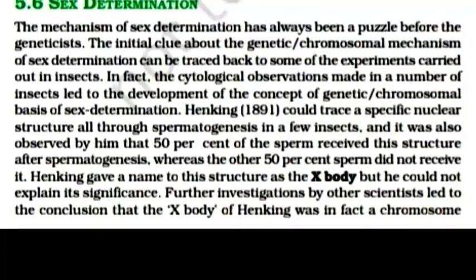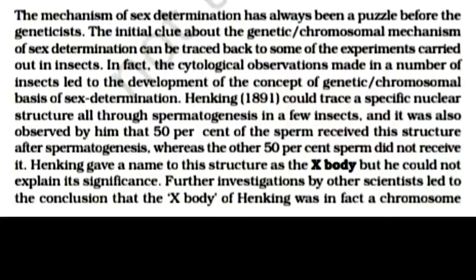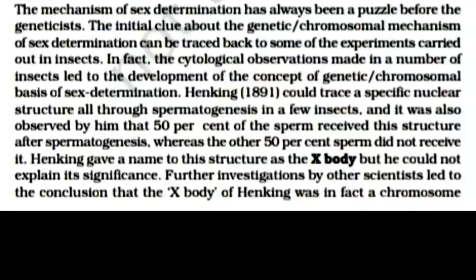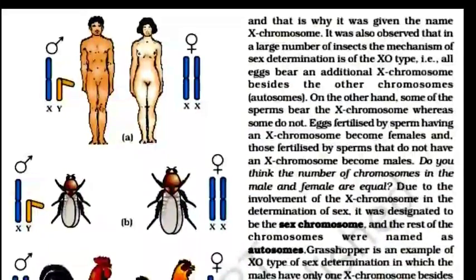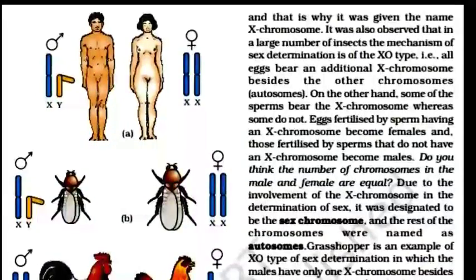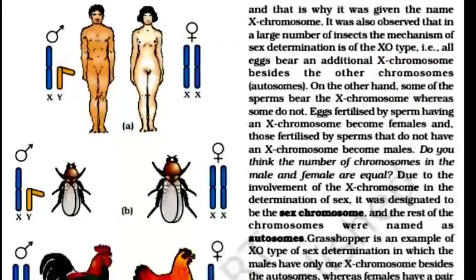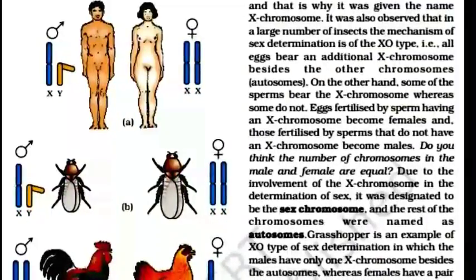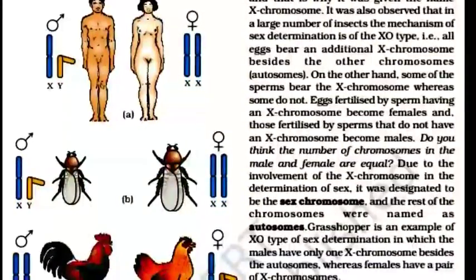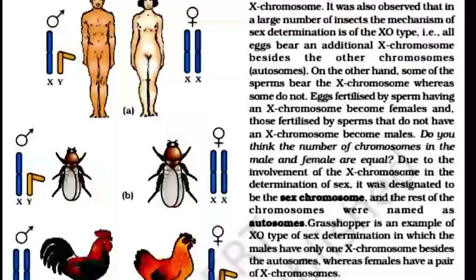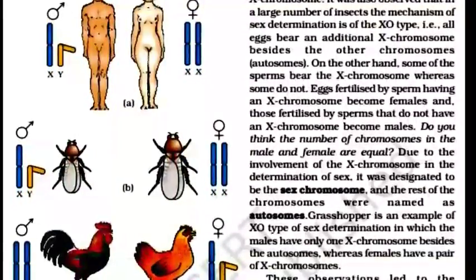Further investigation by other scientists led to the conclusion that the X-body of Henking was in fact a chromosome, and that is why it was given the name X chromosome. It was also observed that in a large number of insects, the mechanism of sex determination is of the XO type, that is, all eggs bear an additional X chromosome besides the other chromosomes, the autosomes.